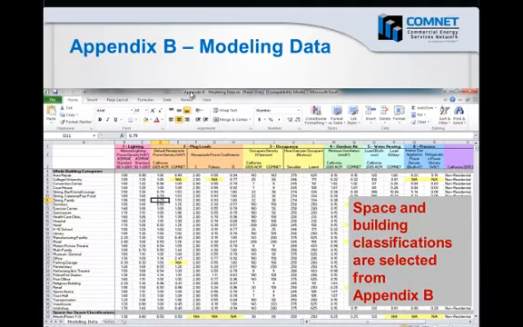The categories here are all consistent with both California and ASHRAE 90.1 2001 and also 2007. So this table incorporates all of those data.